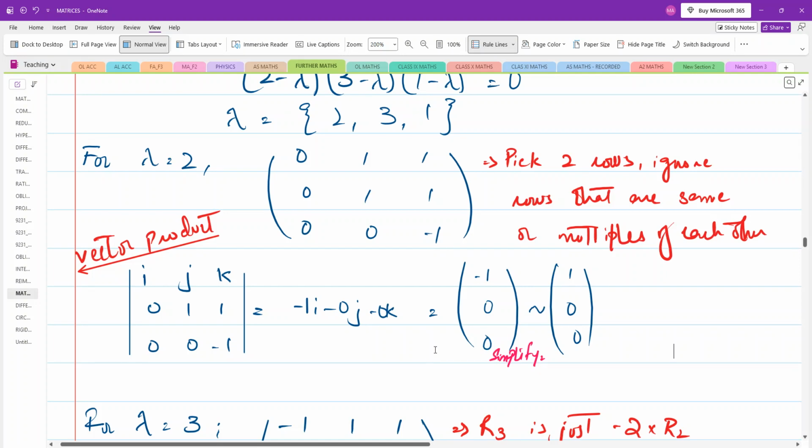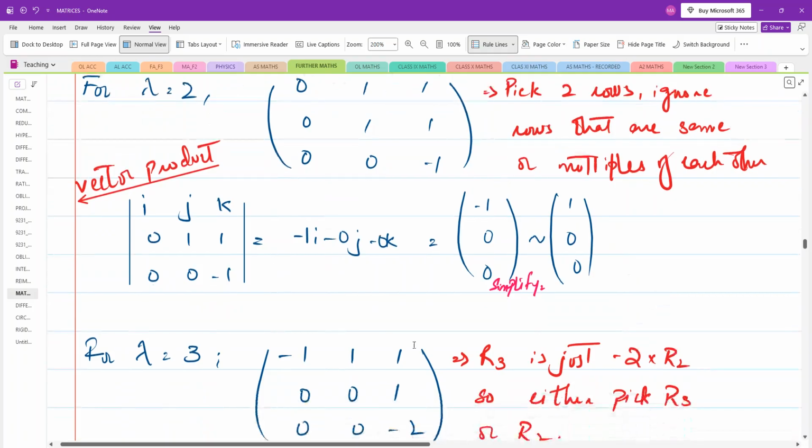We can simplify the eigenvector. A vector -1 and a vector 1 are basically the same thing, so I'm just going to write it as 1 instead. However, if you write it as -1, it's not a problem. It's essentially the same thing.